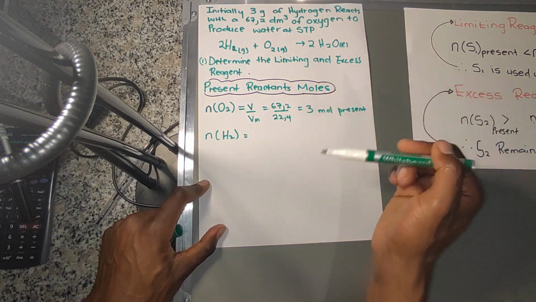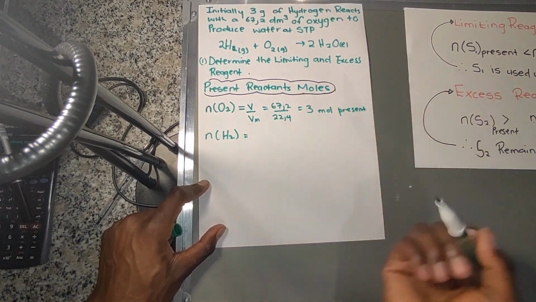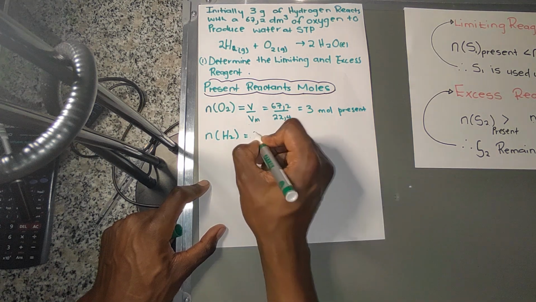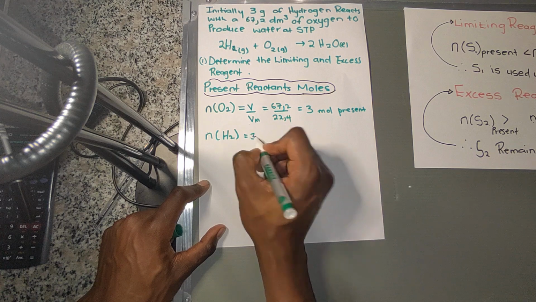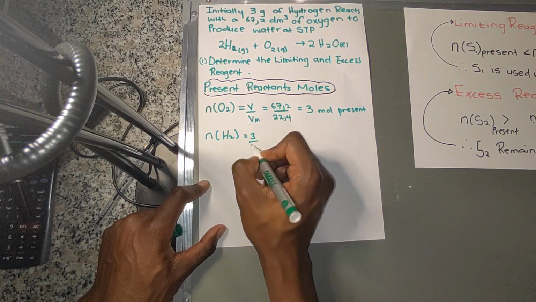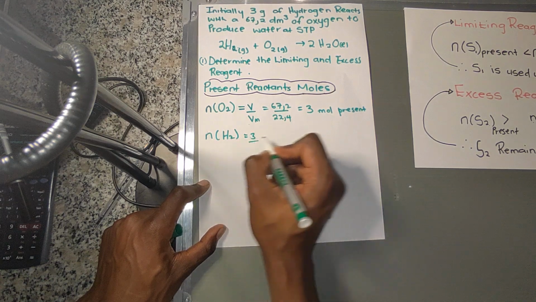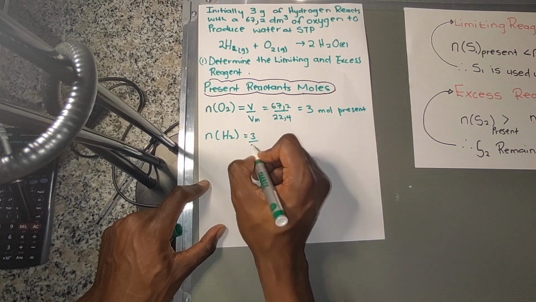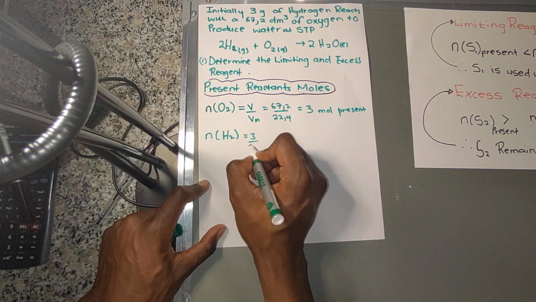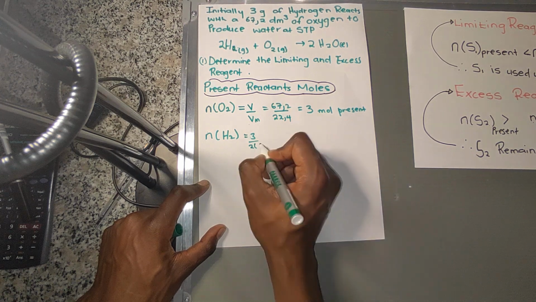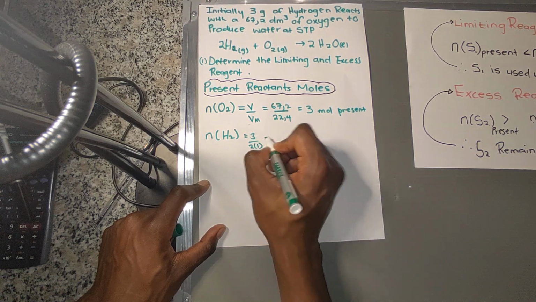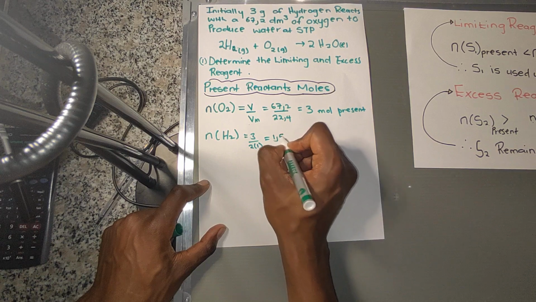In this case, for hydrogen, I'm given a mass. So to find the number of moles, I'm going to say 3 over the molar mass. I'm using my formula, mass over molar mass. I've just skipped a step here. So now this will be 3 over 2 times 1, so this value is 1.5 mole.